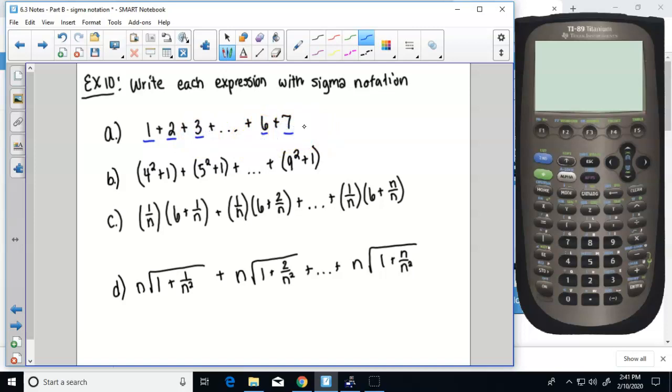So we're just increasing by 1 there. So this one, we're going to have summation notation. I equals 1. We start at 1. We go up to 7. We're just using the number, just I, right? And so it will be the sum from 1 to 7 of I.